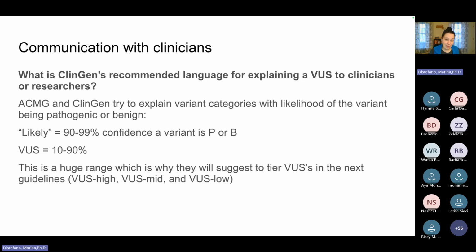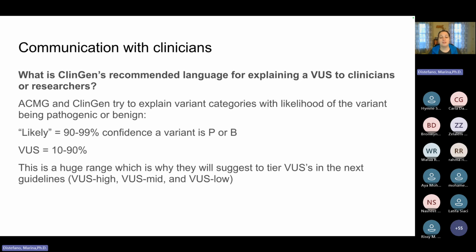So we try to use numerical cutoffs here. ACMG and ClinGen try to explain variant categories with likelihood of the variant being pathogenic or benign. When you say that something is likely, either likely benign or likely pathogenic, there's a 90 to 99% confidence that that variant is what you're saying it is. So if you're saying likely pathogenic, it's 90 to 99% confident that that variant is actually pathogenic.